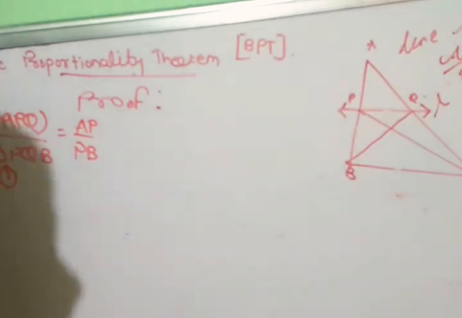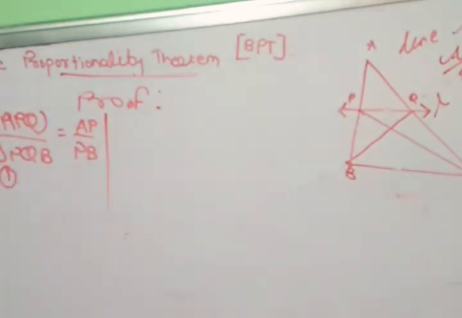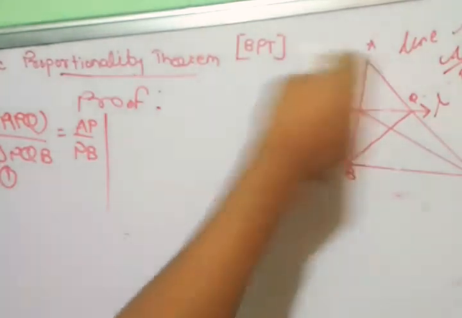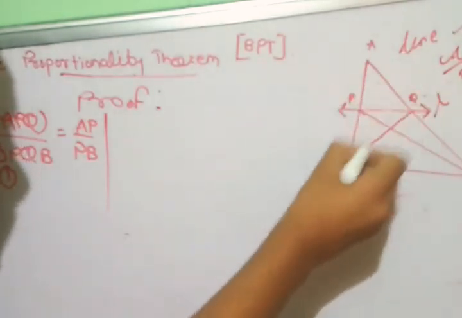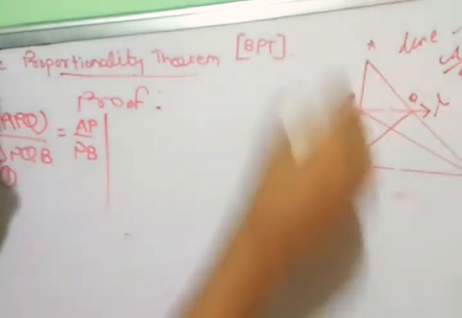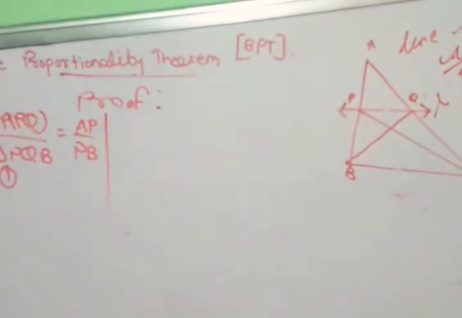So in the third step, we find the ratio of the area of triangle APQ and PQC. Instead of PQB, we find the ratio of PQC and the APQ's area.